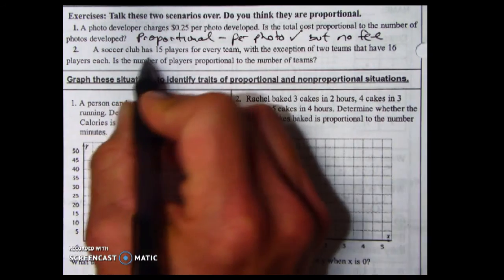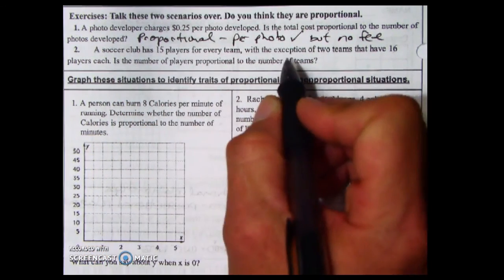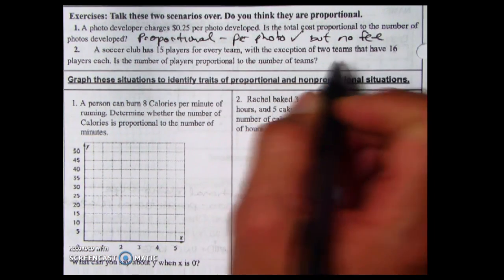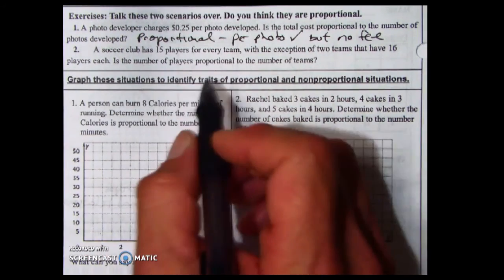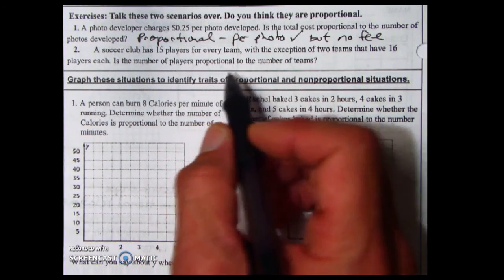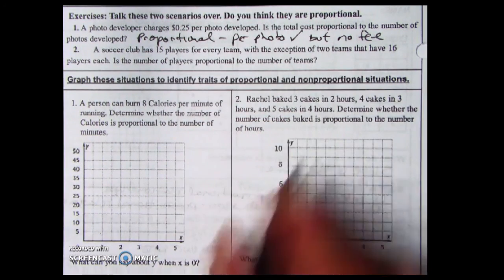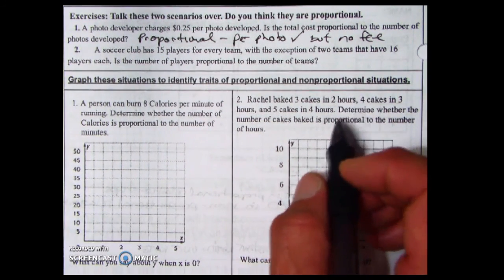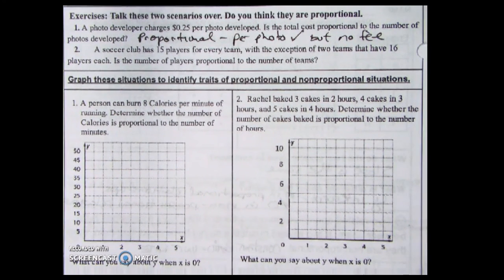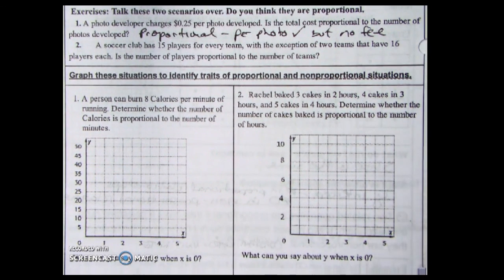So let's look at the next one. A soccer club has 15 players for every team, with the exception of 2 teams that have 16 players each. Is the number of players proportional to the number of teams? What do you think? No. So y'all take a second and think. And okay, I've heard some good conversation, and really what it boils down to is maybe this. Remember, we talked about proportional situations always have the same unit rate. Can somebody tell me the unit rate in this situation?